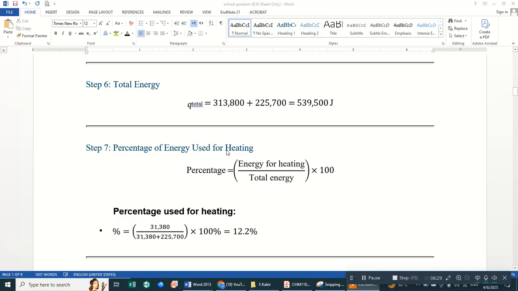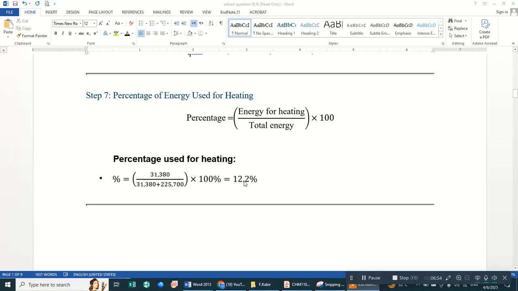And now it is very easy to calculate the percentage of the energy used for heating, in other words the percentage of the energy used to increase the temperature from 25 to 100 Celsius. The energy used to increase the temperature, divided by the total energy and multiplied by 100. The answer is 12.2%. I think you understand this numerical, very easy and very interesting.